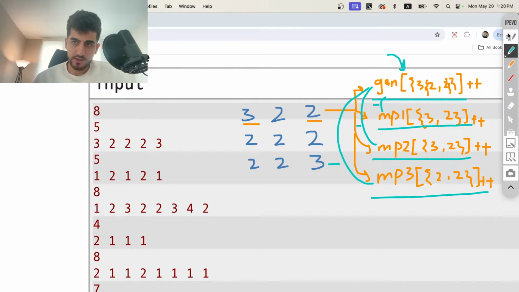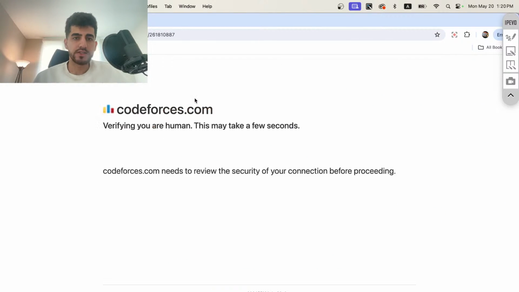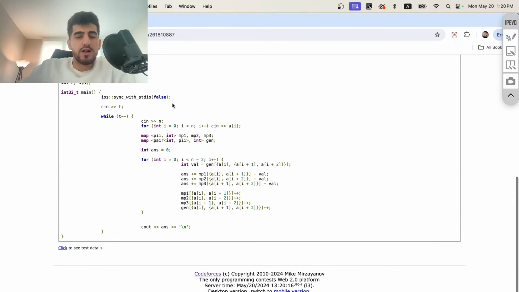Right? So we can now see my code. Well, this is all I'm doing. I have three maps from PII to int, MP1, MP2, and MP3, and I have a map of pair of ints and pair of ints and ints. Each name is gen.